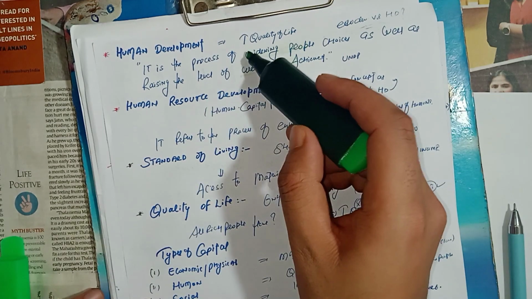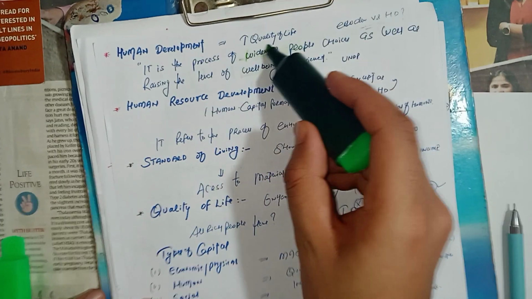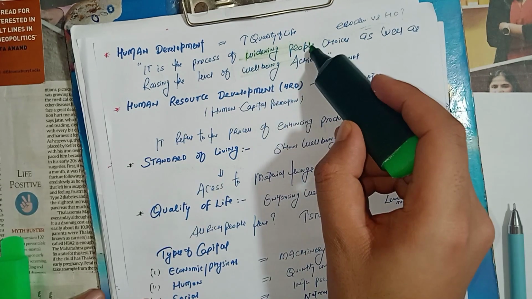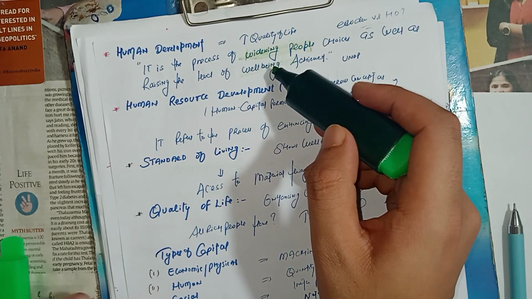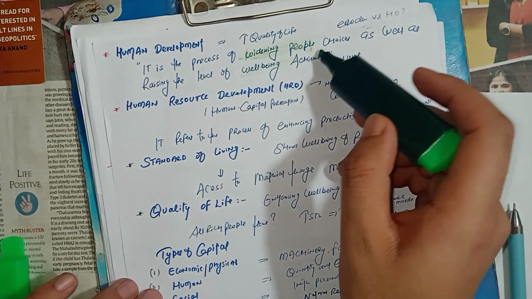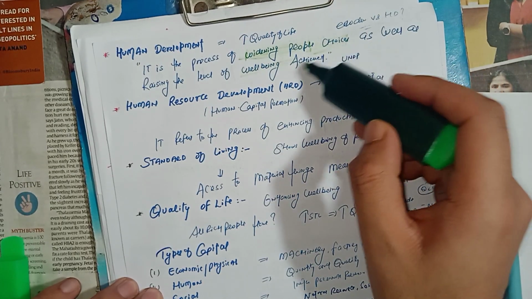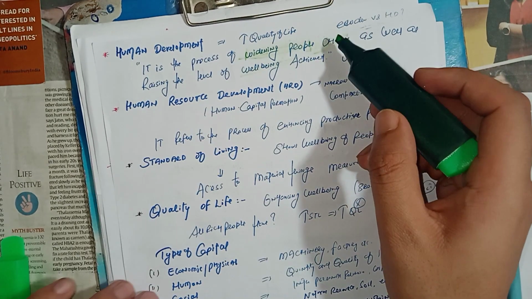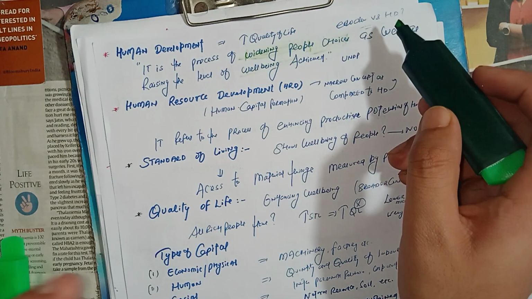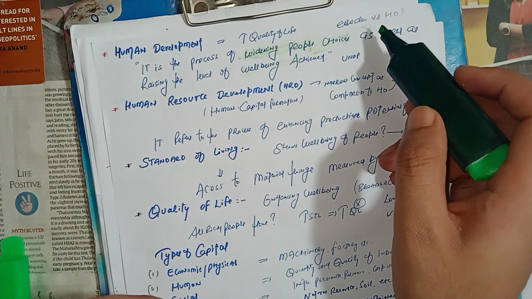Okay, so widening people's choices, how should this be ensured? The area of making choices should be widened. So this should be ensured through increasing per capita income.